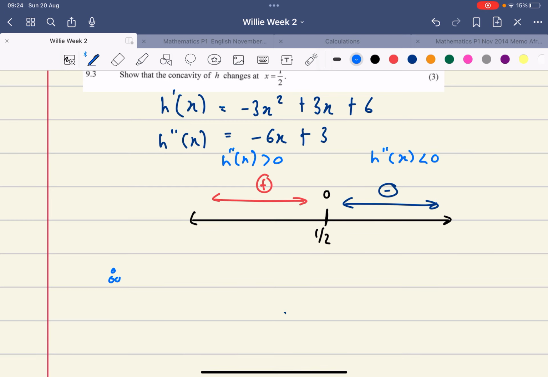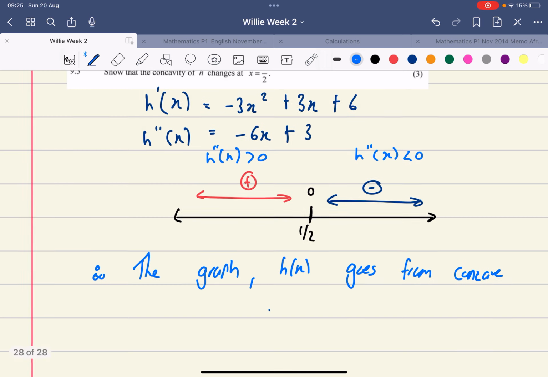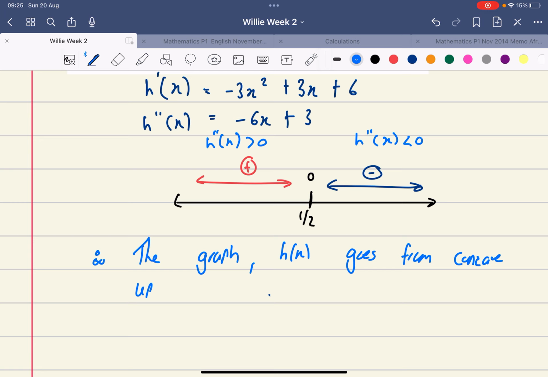So therefore, the graph h of x goes from concave up, or is concave up, sorry.